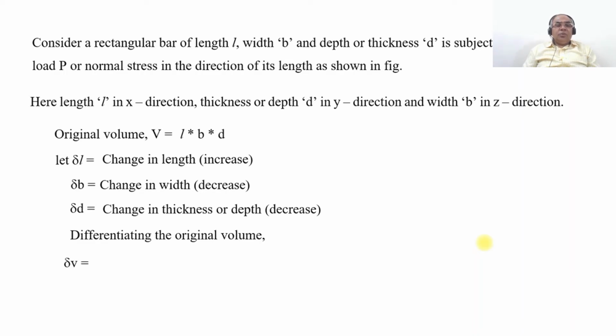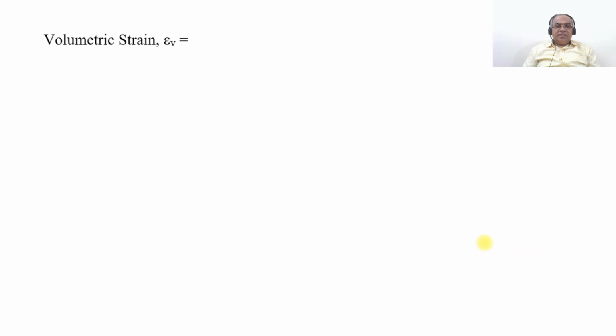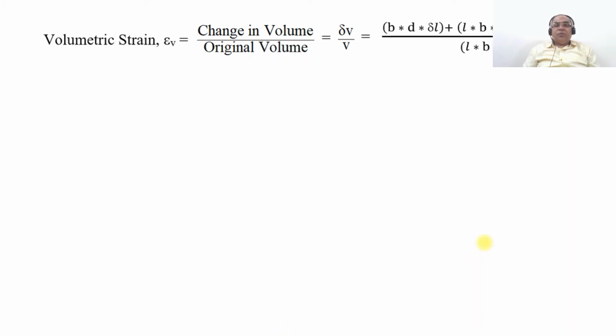So differentiating the original volume, delta V will be equal to B into D into delta L plus L into B into delta D plus D into L into delta B. Now, what is the volumetric strain? Epsilon V will be equal to the change in volume by the original volume. So what is delta V by V now?